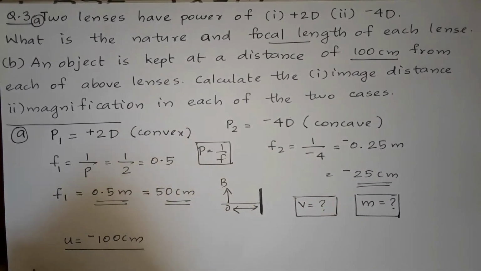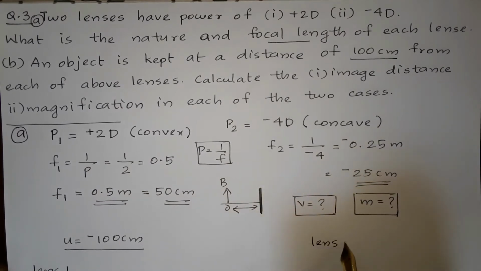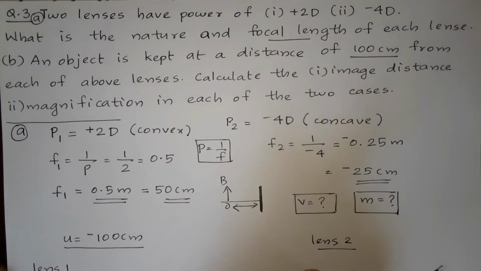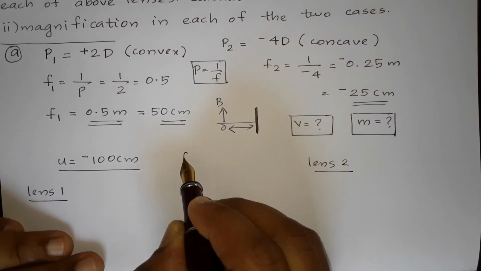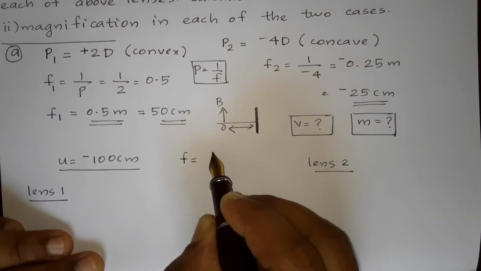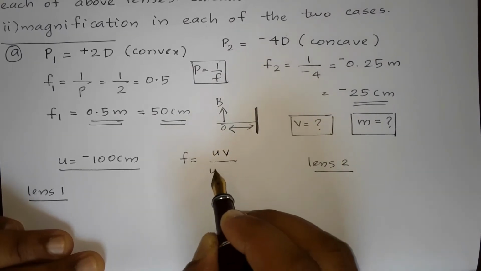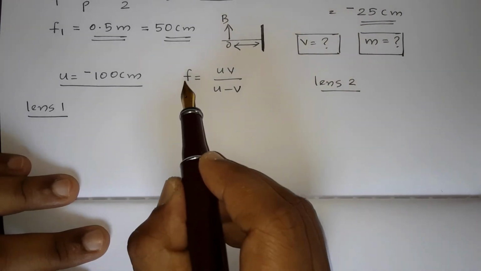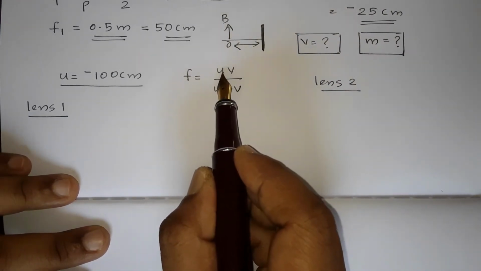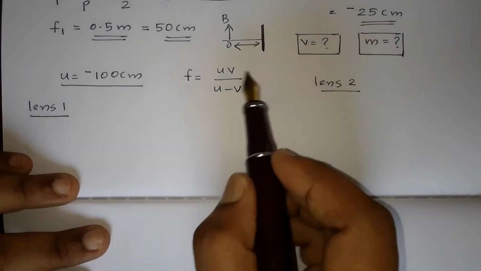Let us take lens 1 and lens 2. Now we learned the lens equation, f is equal to uv by u minus v. Let us apply the values of f and u here so that we will get the value of v.